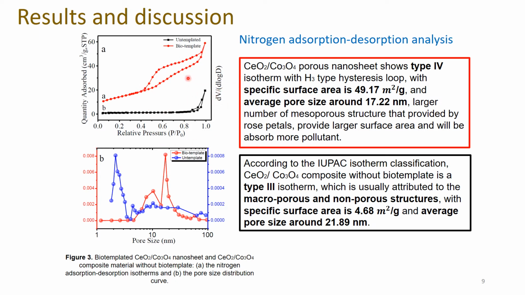This one has a very big surface area, almost 50, and the average pore size is small, 17.22 nanometers. It has a larger number of mesoporous structures, and the rose petals provide a larger surface area that will adsorb more pollutant. So this reveals that this is a mesoporous structure.